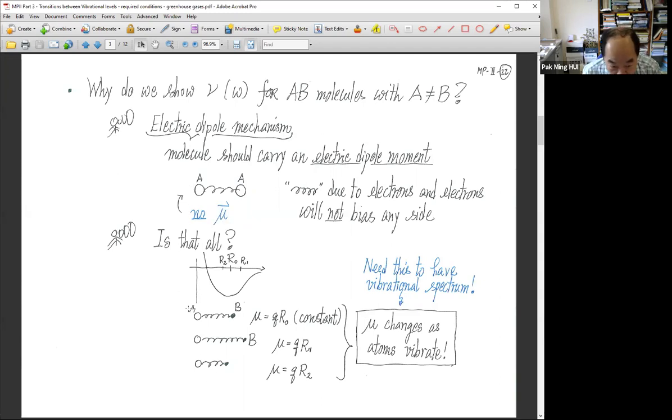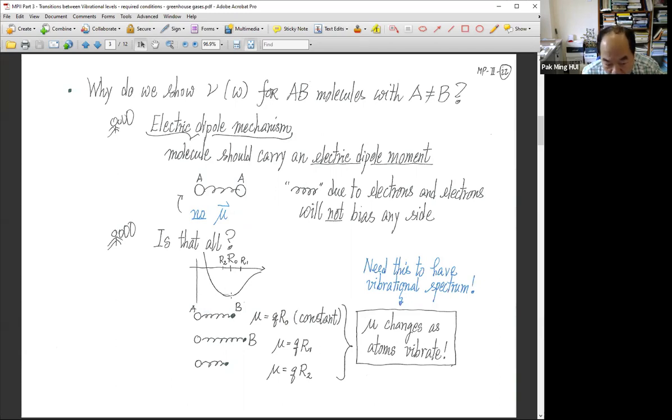But if we have different A, B molecules, for example, carbon monoxide, okay, then we will have permanent dipole and more, slightly more, okay? Now, here is a punchline for vibrational business.